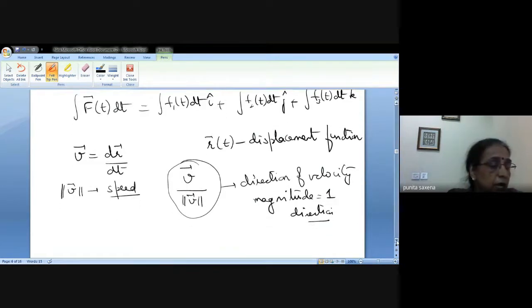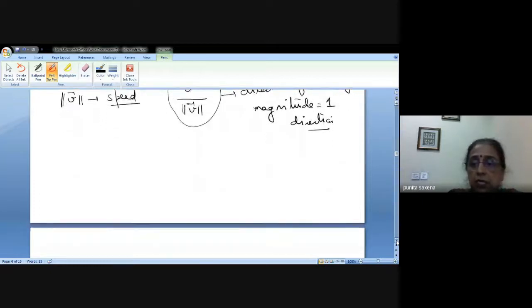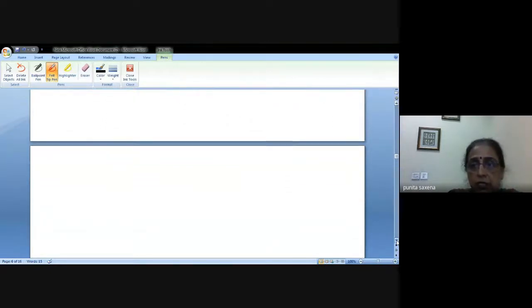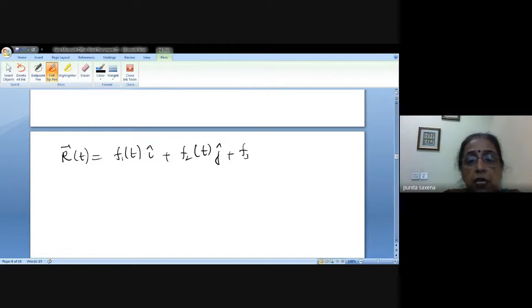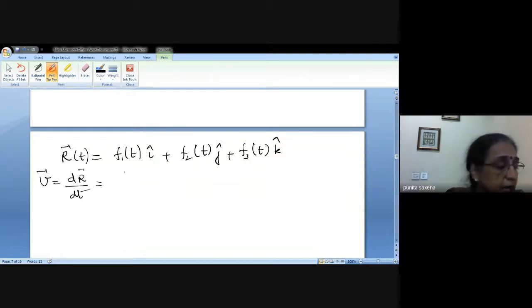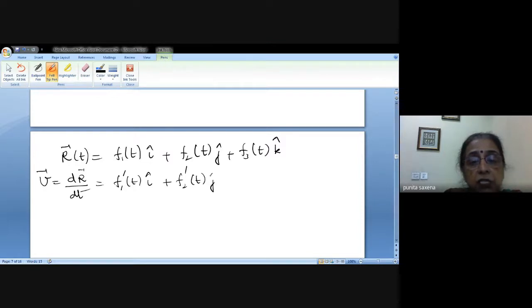Now, let's see the relationship between these three vectors. We'll be dealing mainly with these three only. Supposing my r, your displacement function, is f1(t)i plus f2(t)j plus f3(t)k. Then v, velocity, is nothing but d by dt of it, which is f1 dash(t)i, the derivative of the first component, plus f2 dash(t)j plus f3 dash(t)k.